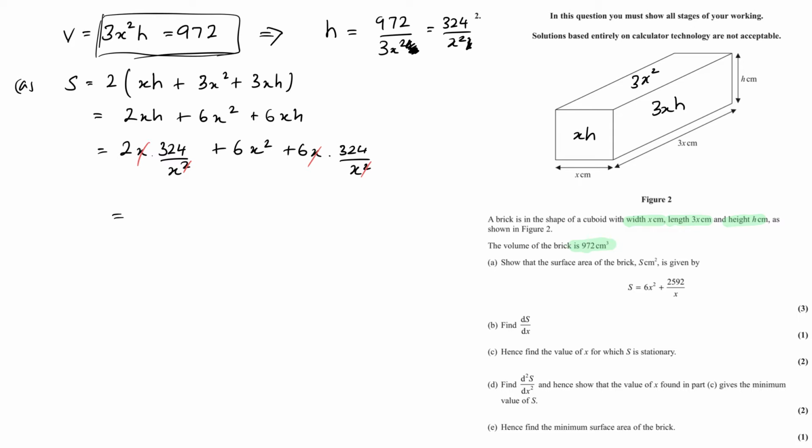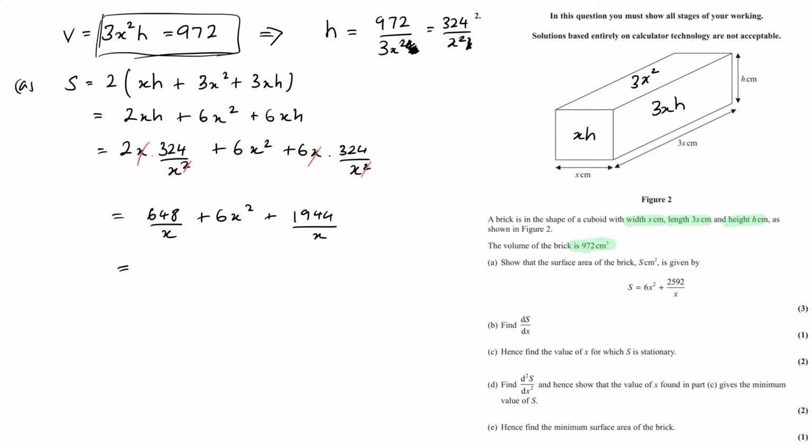That leaves me with, times by 2, now we get 648 over x plus 6x squared plus, and then 6 times 324 will be 1944 over x.